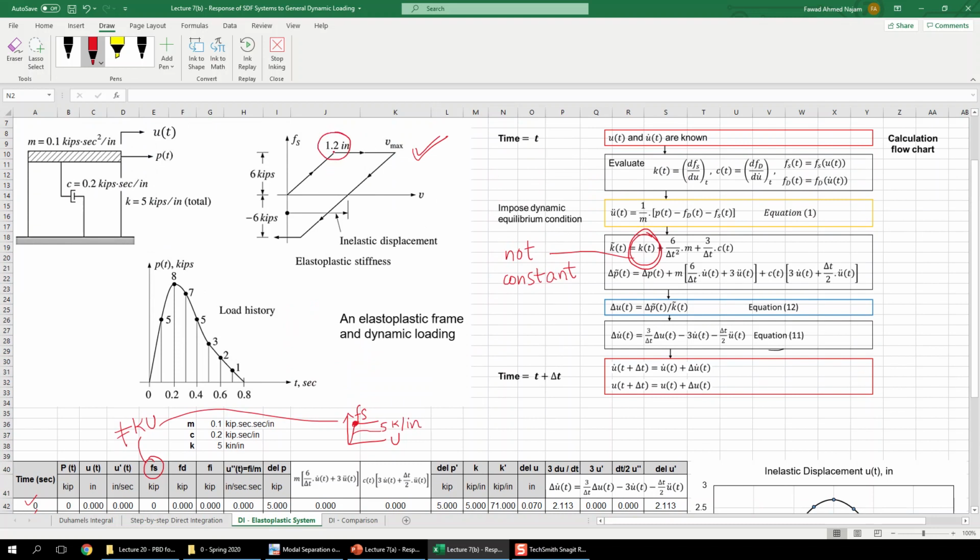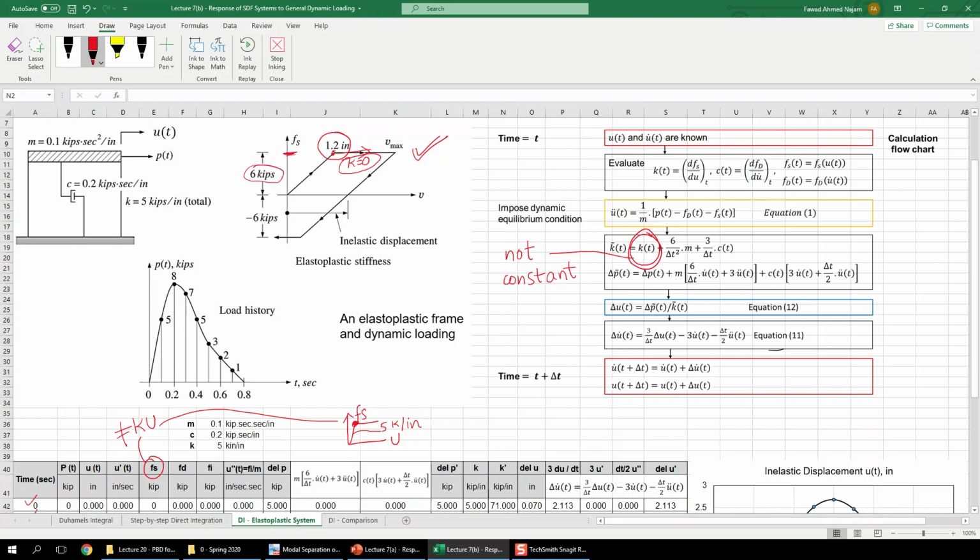So in the time step where the displacement increases beyond 1.2 inches, K becomes 0. The line becomes horizontal, flat, which means K is equal to 0. So for all those time steps in which u is greater than 1.2 inches, we have to put K equal to 0, and the corresponding value of Fs will be constant, equal to 6 kips.